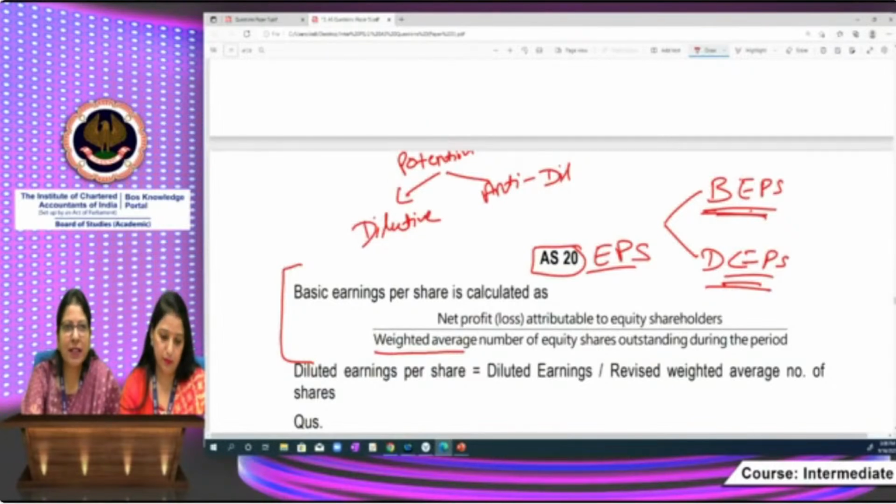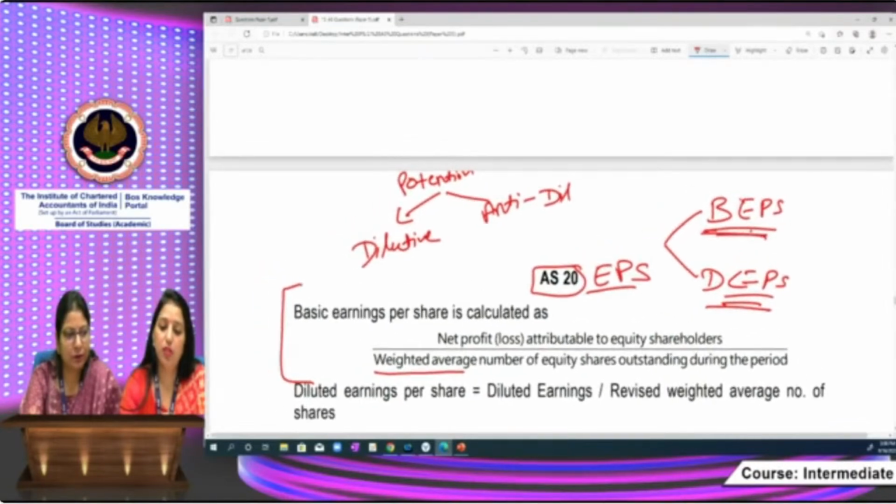So they are basically converted during the period. That is the reason we have to find out the weighted average. The concept of weighted average gets introduced from this phenomenon only, because we cannot divide the entire lot of convertible shares from the total earnings to get the earning per share. We have to find out the weighted average, because there may be a time gap in between when the potential equity shares become dilutive.